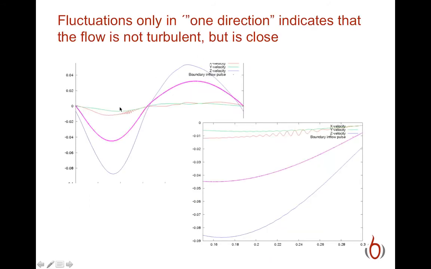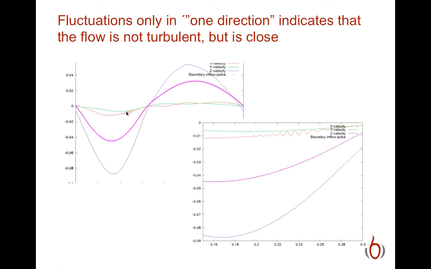We can also see that in graphs like here, you see that there are small wiggles. While the flow in the z direction, the cranial cervical direction, is the dominating one, and you don't see any wiggles there, there are small waves forming in the XY direction, or the transverse direction.